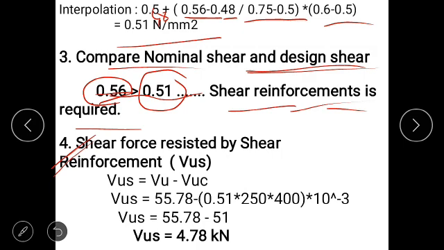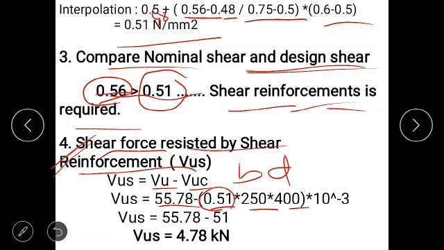Okay, so the shear force resisted by shear reinforcement, VUS, equals VU minus VUC. In the first step we already found VU is 55.78. What is VUC? VUC is design shear into B into D. Design shear is 0.51 into 250 into 400 into 10 to the power minus 3.